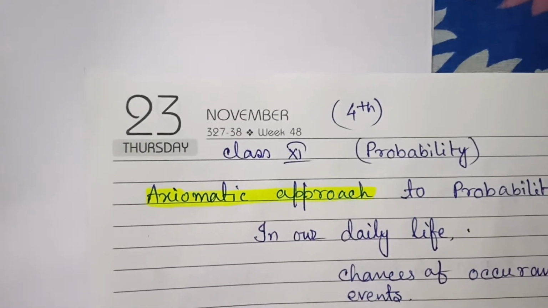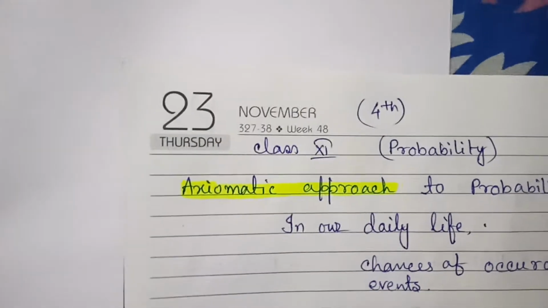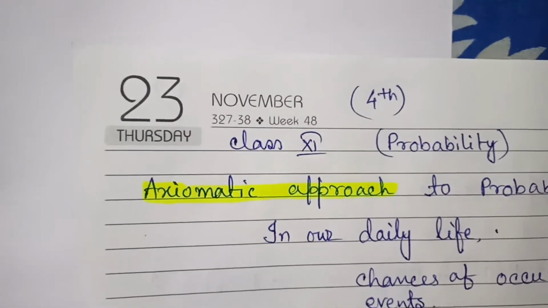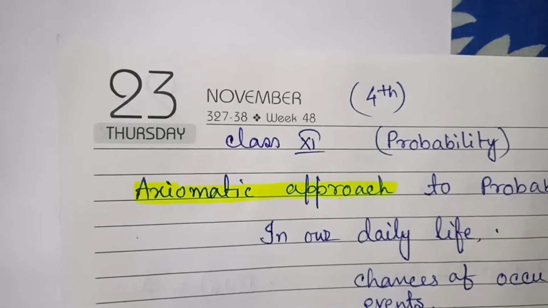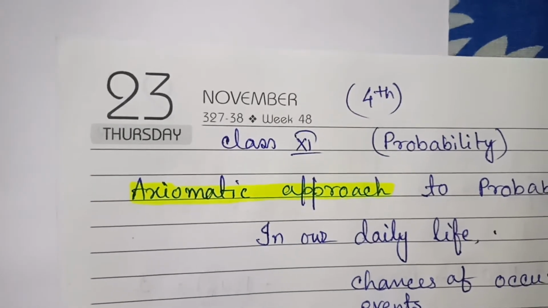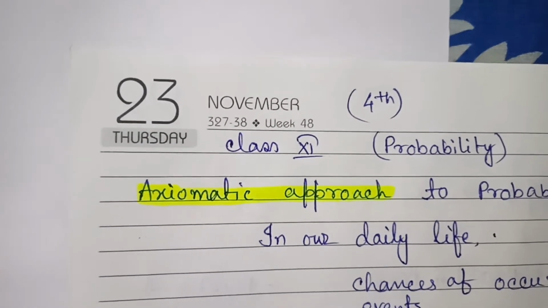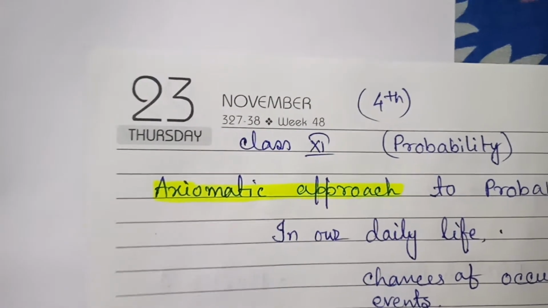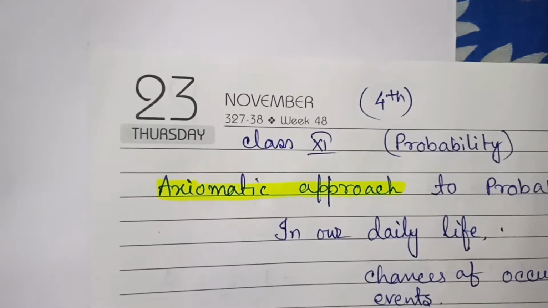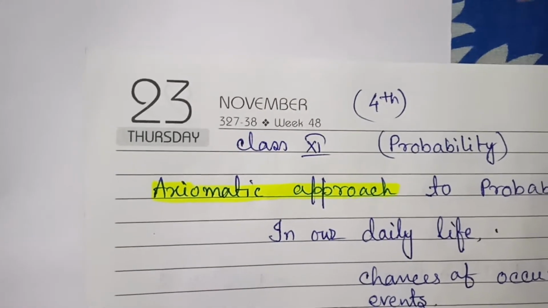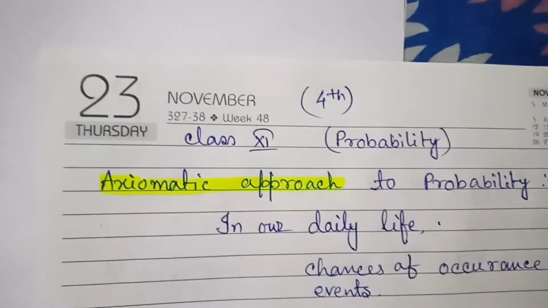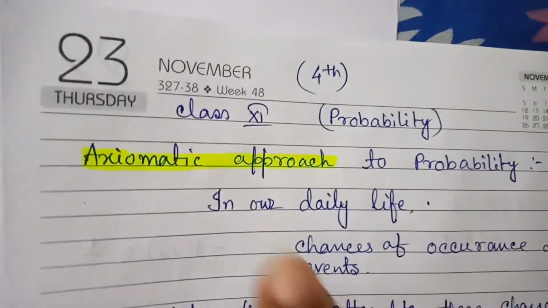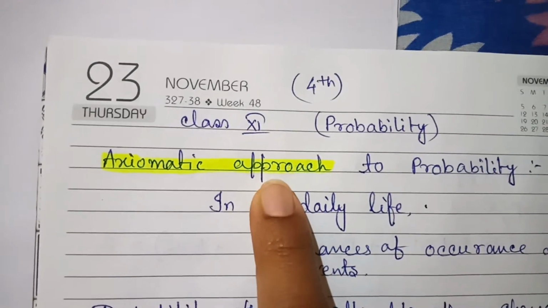Already, we have some methods for assigning probability to an event associated with an experiment, knowing the number of total outcomes. The axiomatic approach is another way. Here, some axioms or rules are laid down to assign the probability, and this is the difference. So let's start with the axiomatic approach.